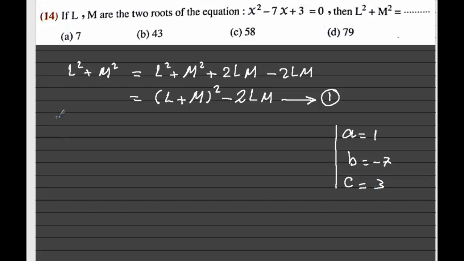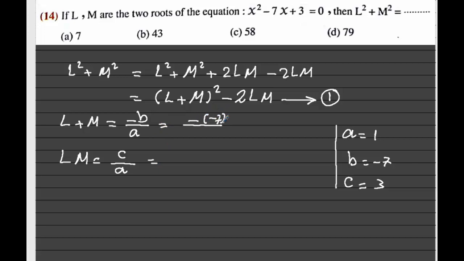L plus M, the sum of the two roots, equals negative B over A, and LM, the product of the two roots, equals C over A. Now substituting, negative B is negative 7 over 1, which equals 7. C over A is 3 over 1, which equals 3.